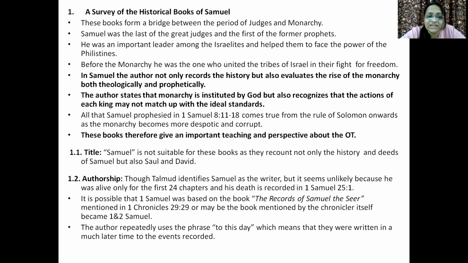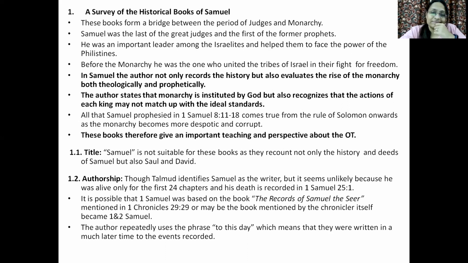The reason is that for the first 24 chapters, Samuel is alive. But as soon as we read chapter 25 of First Samuel, verse 1, we see that Samuel's death is mentioned. So it is possible that First Samuel was based on the book of the records of Samuel the seer.